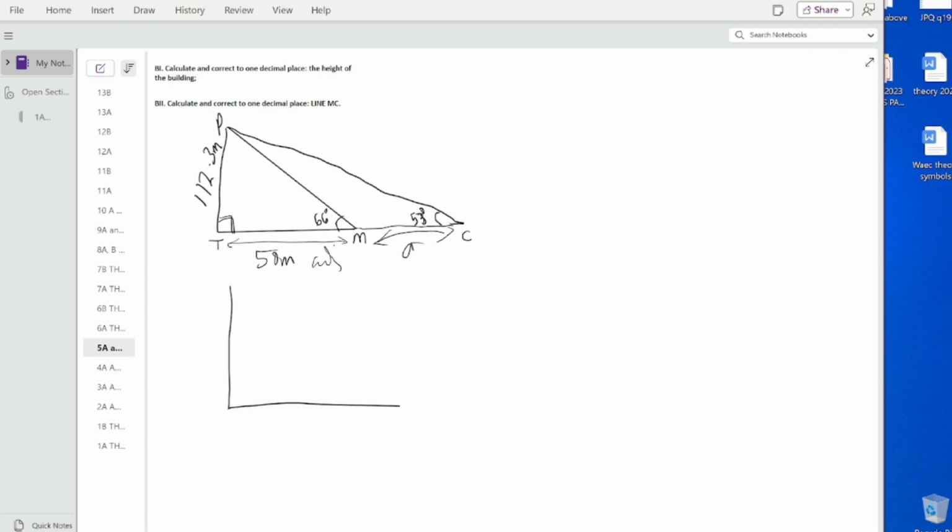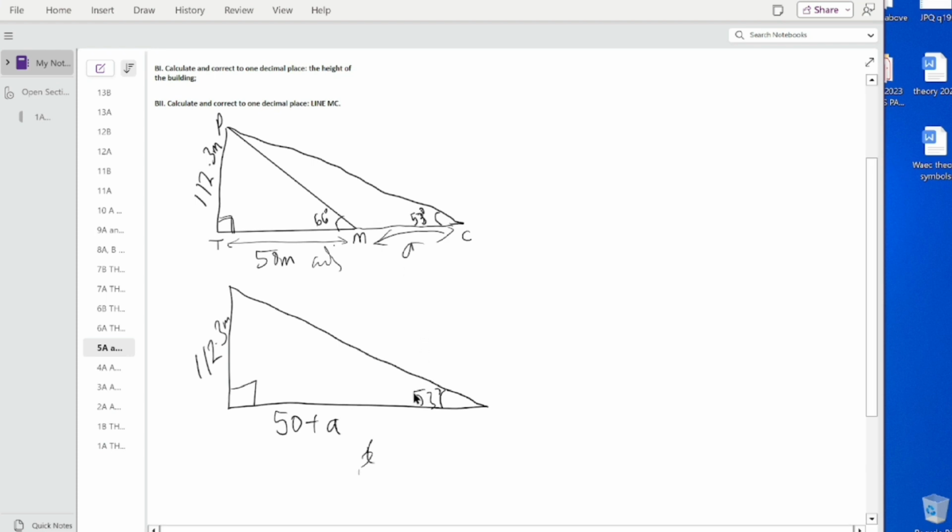We have this while ignoring the 66 degrees angle of elevation. We have 53 degrees, which is made of 50 plus A. We have our 112.3 meters here. And this is our right angle triangle. Now we're looking for this. This is also opposite over adjacent.